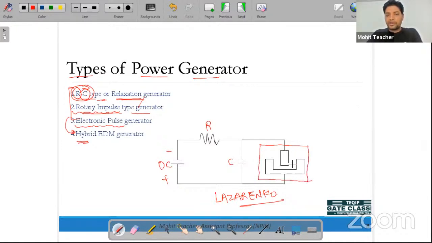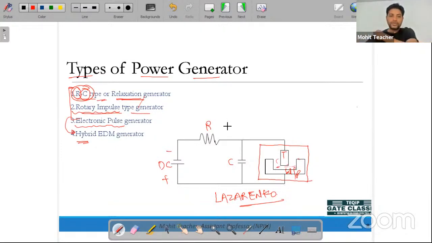If you prefer an electrical book, you will find the diodes or some such mechanism, but for easy understanding I use the tool and the workpiece only. So this is the tool and this is the workpiece. In between we are using the dielectric medium, so the circuit is completed.